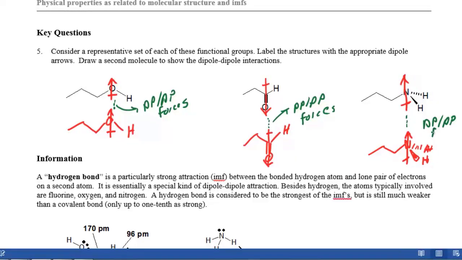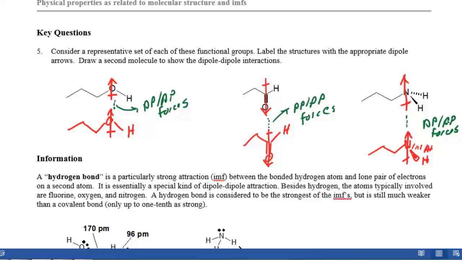I will once again remind you that these are all in addition to London dispersion forces. And so it's important, if we want to compare intermolecular forces, that you start with the London dispersion forces and make a statement to what degree you think these are equivalent when comparing one type of molecule to the other. And then consider, well, in addition, what else do we have?